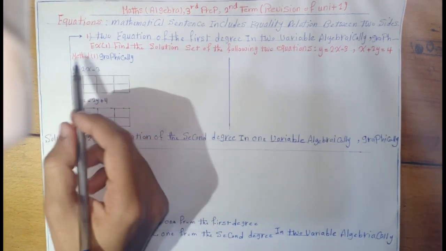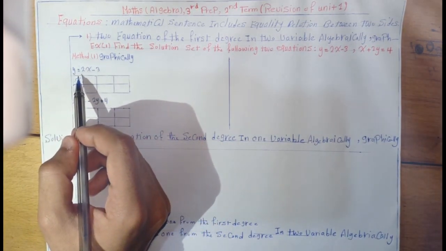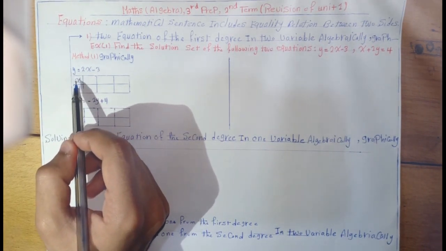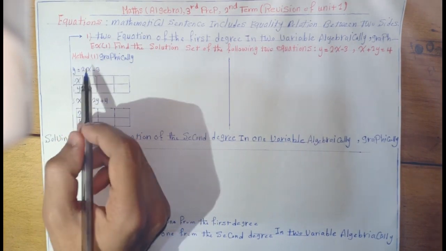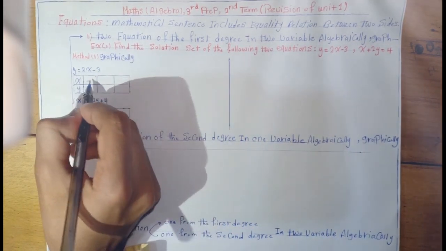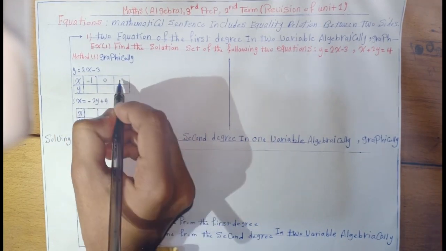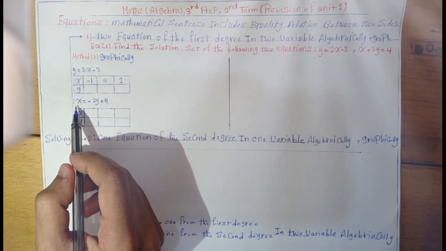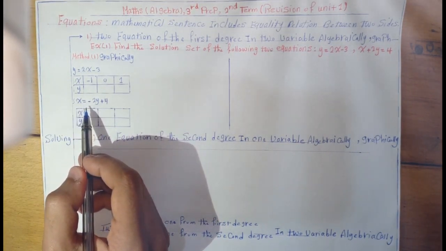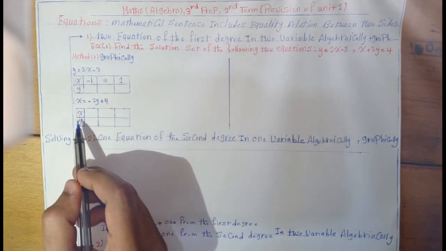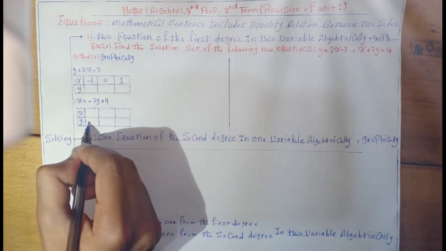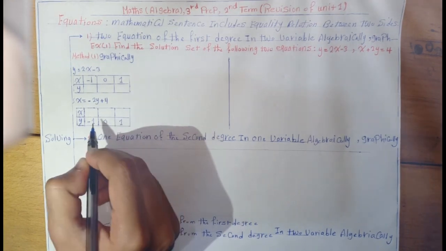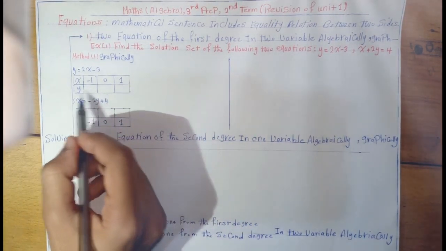Now in the first equation y equals, so we put any value of the variable x and then substitute in the equation, for example -1, 0 and +1. But in the second equation x equals, so we put any value to the variable y, -1, 0 and 1. Then substitute these values in this equation.